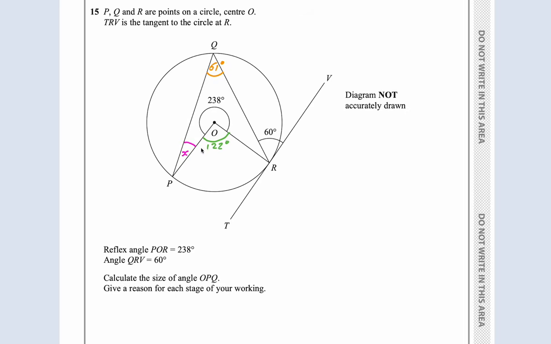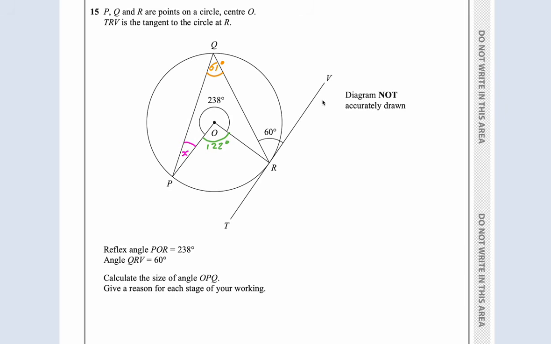That is a rule. That is a circle theorem. Okay, next bit of information I have is this 60. So this is a tangent, this is 60. Now there's something called the alternate segment theorem.